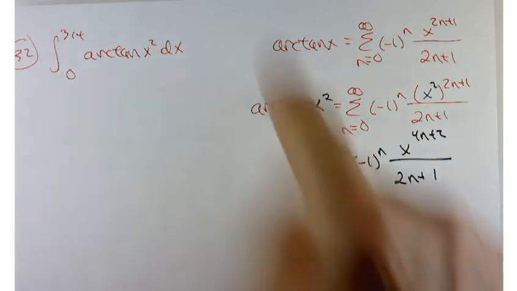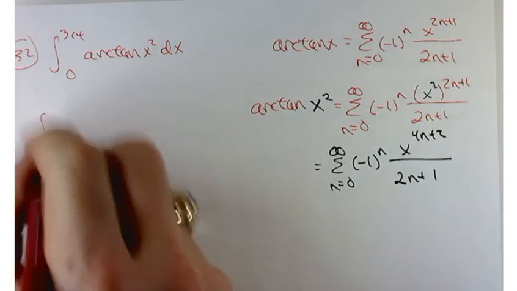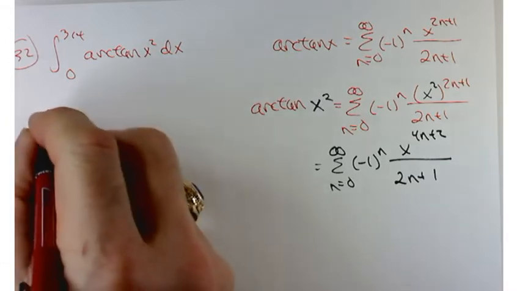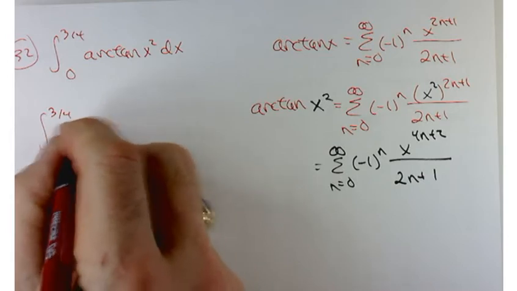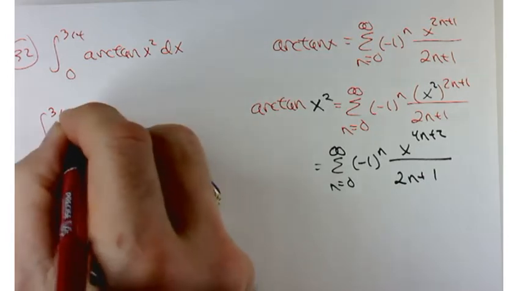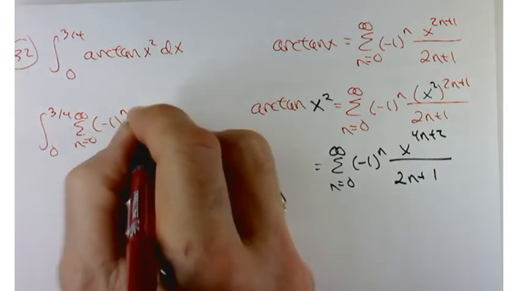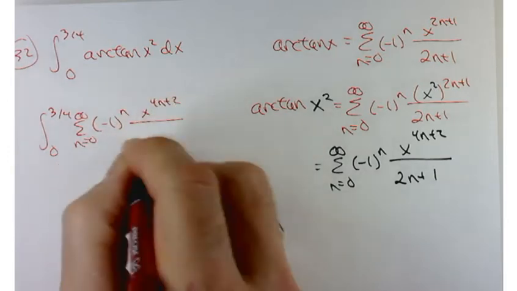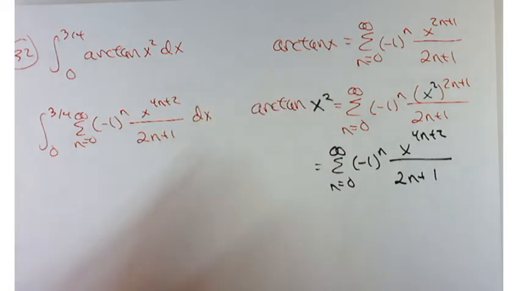I can use one just as good as I can use the other. And here's the amazing part. I can replace this by this. The sum from n equals 0 to infinity of -1 to the n, x to the 4n plus 2 over 2n plus 1, dx.